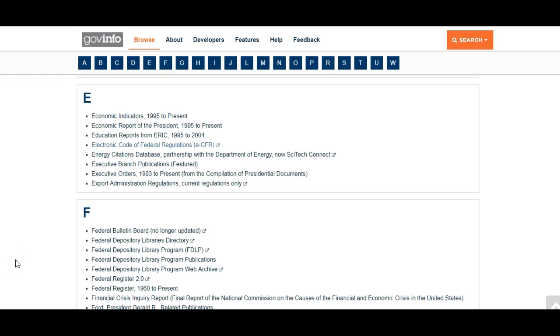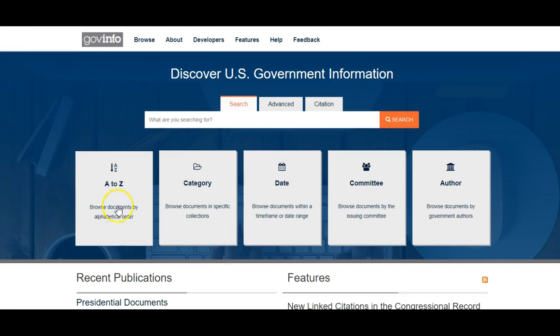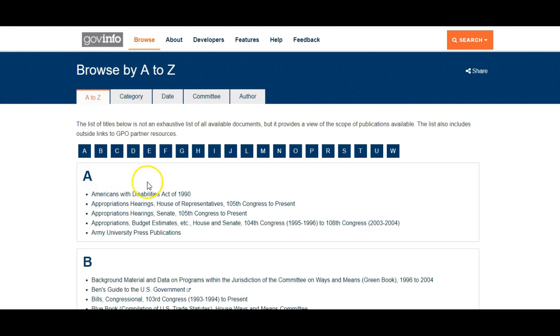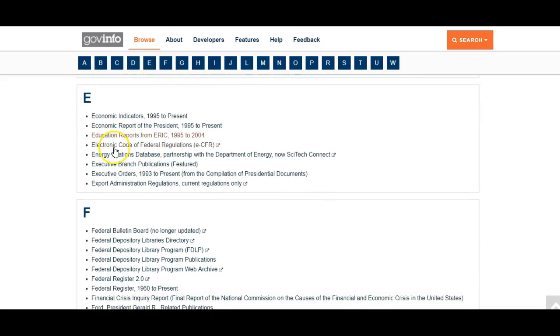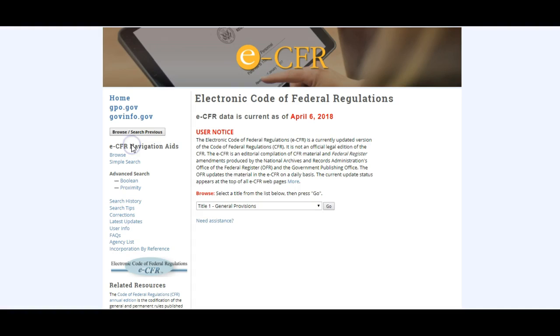I figured out how to get a reliable link to the ECFR. And the trick is to remember that ECFR stands for Electronic Code of Federal Regulations. And here on GovInfo, you go to the A to Z and go to E. The Electronic Code of Federal Regulations link actually works.